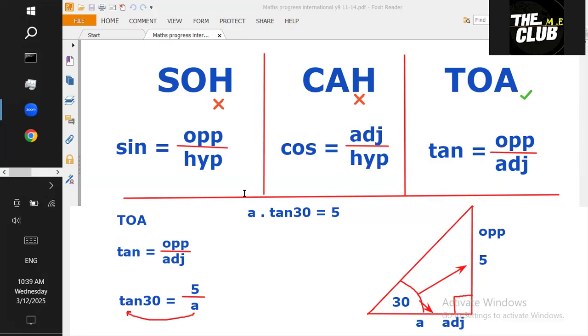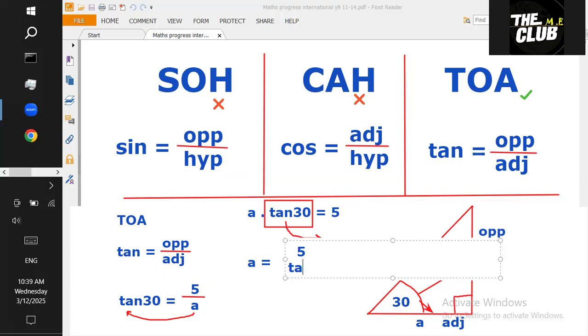Now I want the A alone, or I want to make A the subject. It means I have to move the tan 30 to the other side. And because it's multiplied, I'm going to move it to the other side by dividing. Very good, dividing. So I end up with A equals 5 over tan 30.